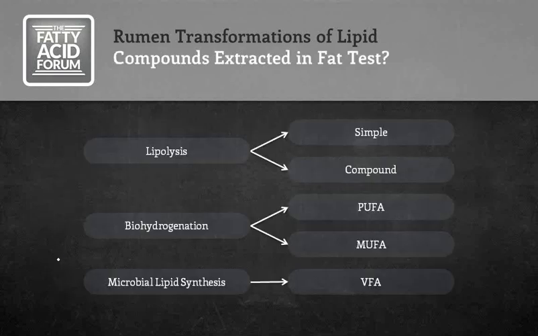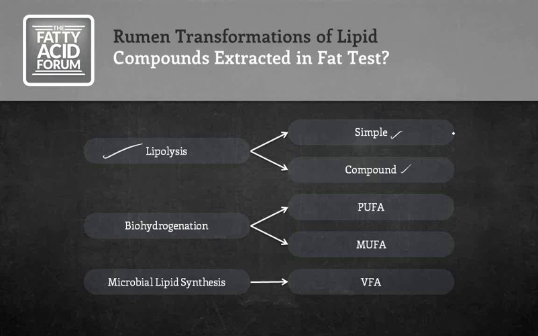Now, these are the three main pathways or events that occur with lipid metabolism in the rumen that I want to mention, starting with lipolysis. This is carried out by an enzyme called lipase, produced by the microbial population, and its job is to release the fatty acids from the glycerol backbone in both simple and compound lipids.